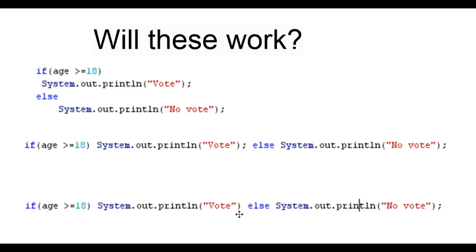The white space is for you. The white space is purely there for you to make it easier to read. So this first statement here is fairly easy to read. It's fairly clear that we have our semicolons and we're not missing anything. This statement compared to this statement, it's challenging to miss this semicolon.